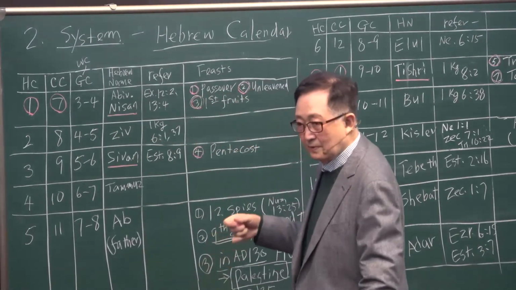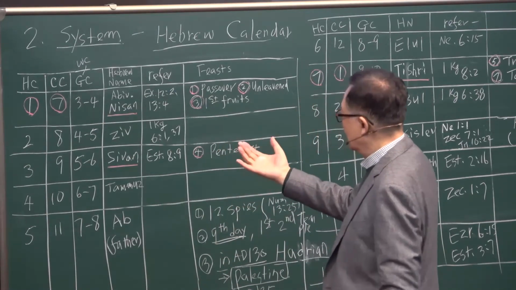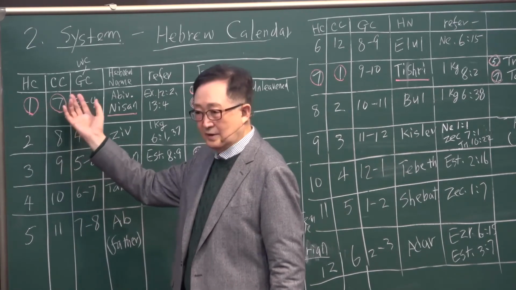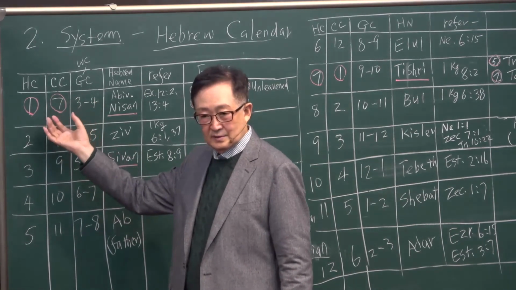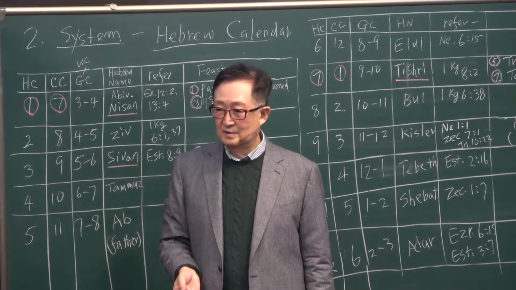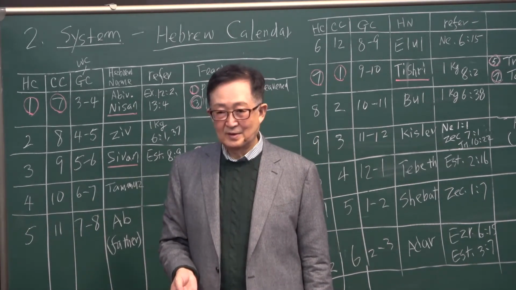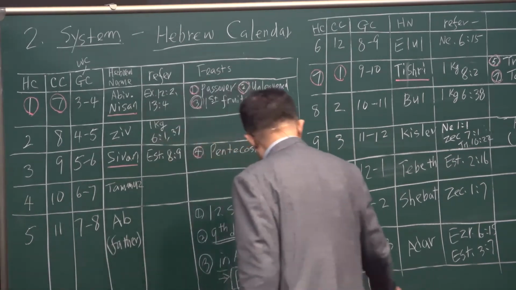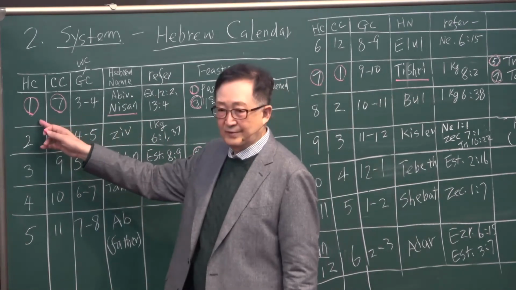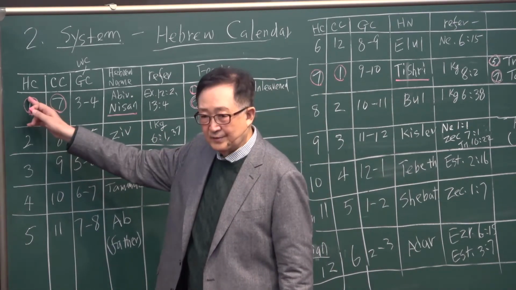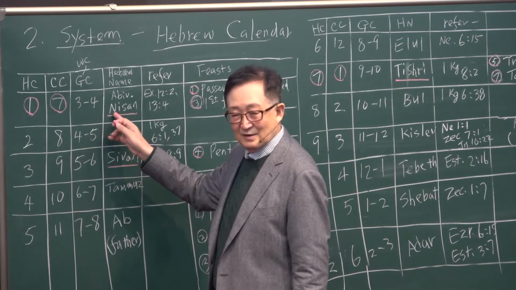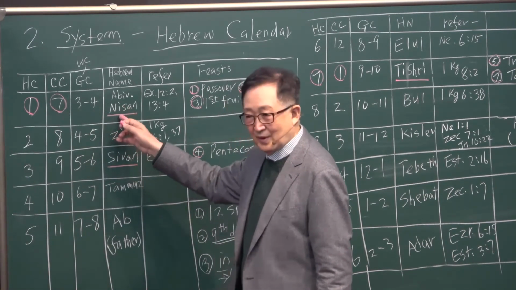Let me briefly go over again here. Remember that? It's a holy calendar and civil calendar. The New Year is so different. Okay. Now here, under the holy calendar, the New Year is Nisan. Okay, Nisan.